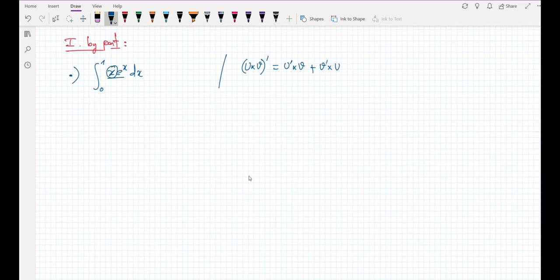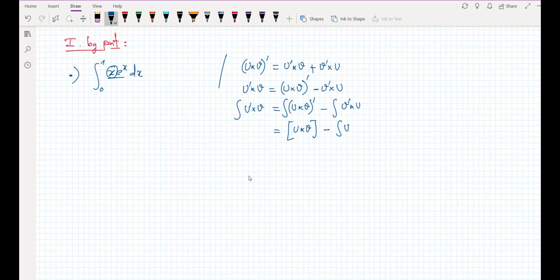So u prime times v is equal to (u times v)' minus v prime times u, which leads us to the integral of u prime times v being exactly the integral of (u times v)' minus the integral of v prime times u. We know that the primitive of (u times v)' is exactly u times v, minus the integral of v prime times u.